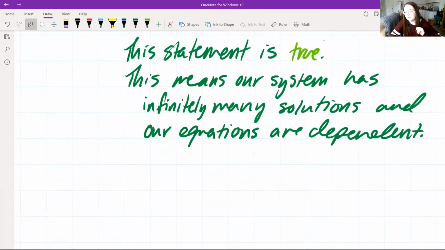So if our system has infinitely many solutions and our equations are dependent, this means that our equations are the same. They're going to be on the same line.